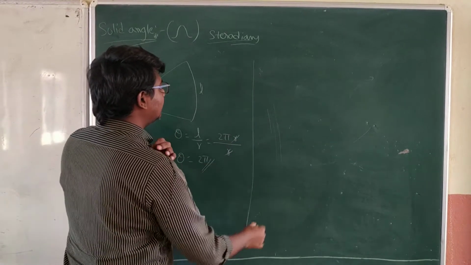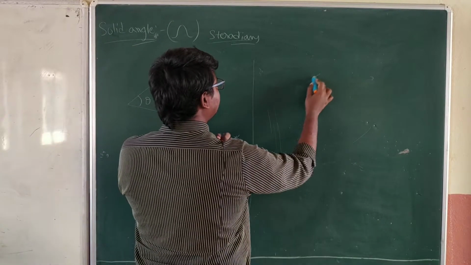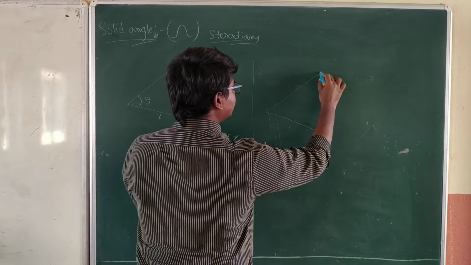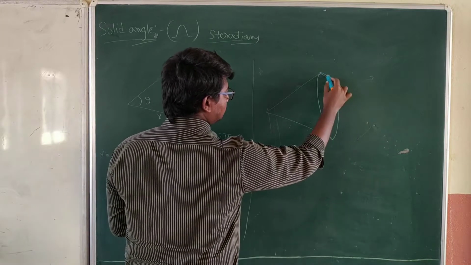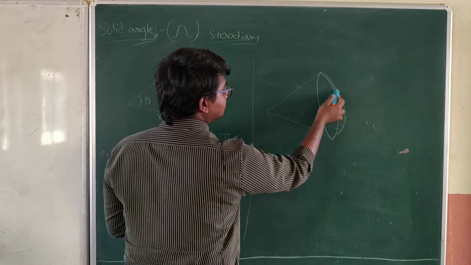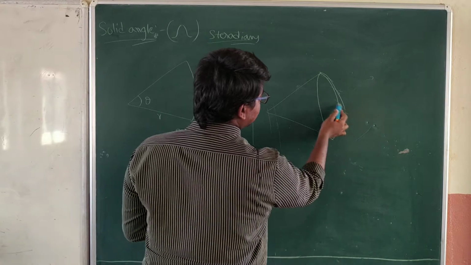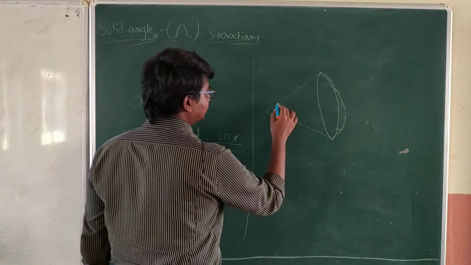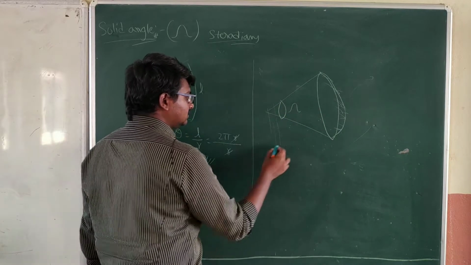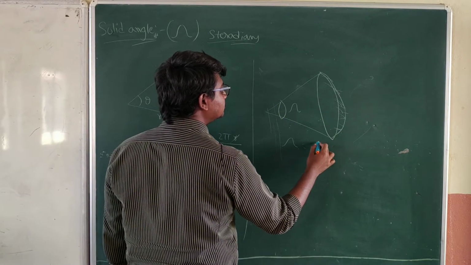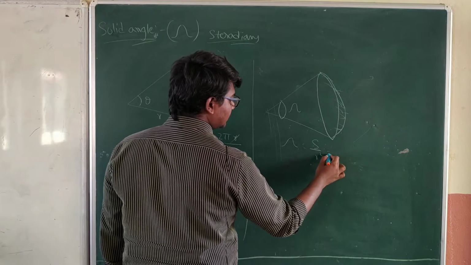Likewise, now we will consider the solid angle in this manner. This is a surface, and this is a solid angle omega. Just now we have found omega is equals to S by R square.